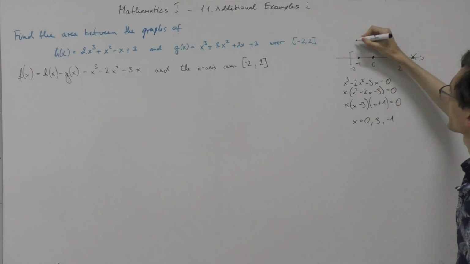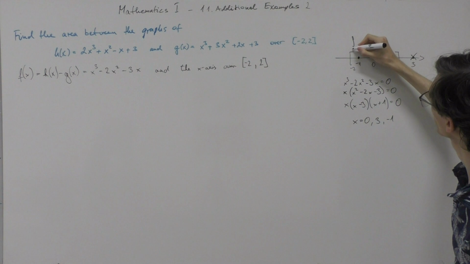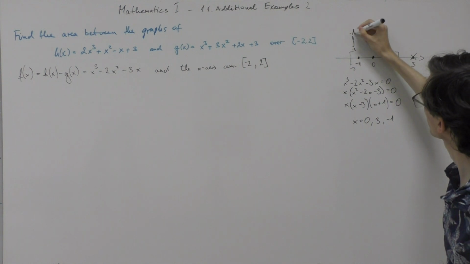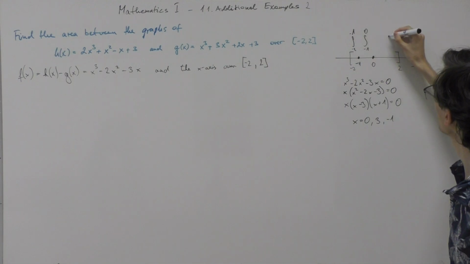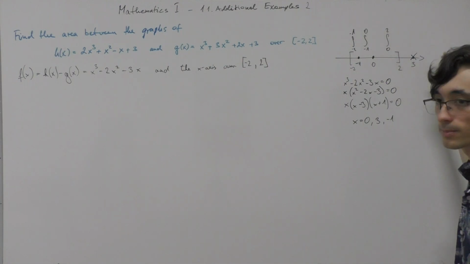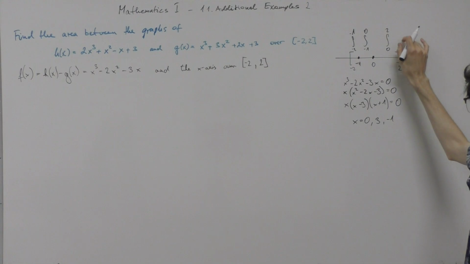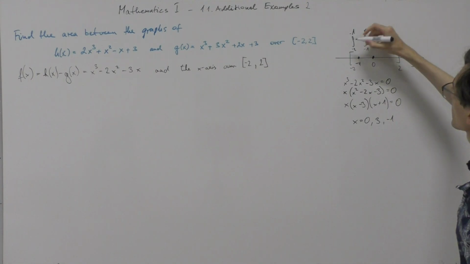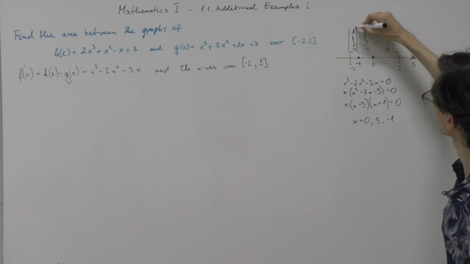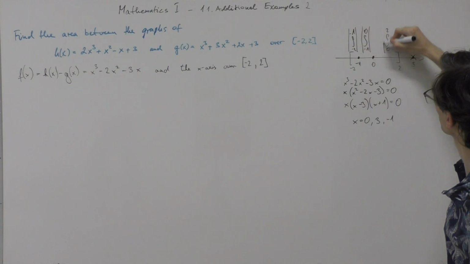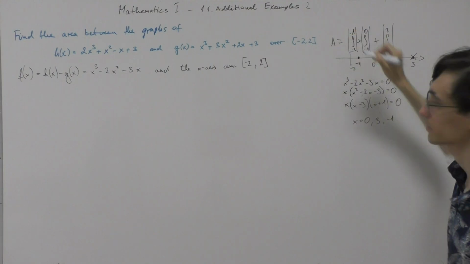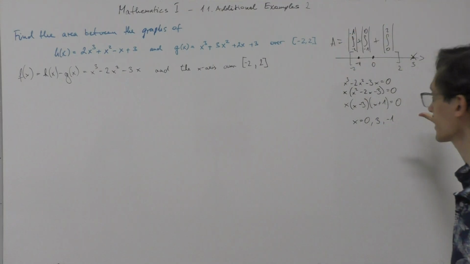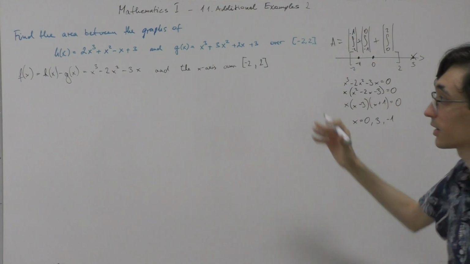So we will have to take 3 integrals: from -2 to -1, from -1 to 0, and from 0 to 2. But these give us signed areas, so we must take their absolute value before adding them up to get the area that we are looking for. And now that we know what we have to do, let's do it.